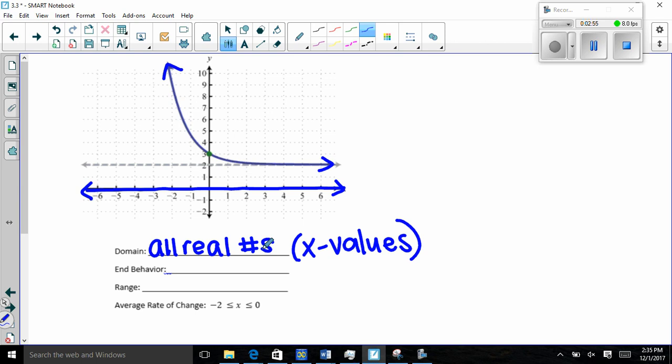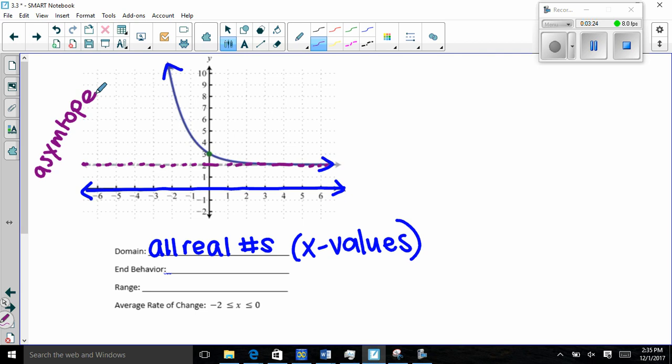For our end behavior, this little line right here is called the asymptote. So I'll write that right here. The asymptote is that little line showing me what this function is going to. It's getting smaller and smaller and smaller, that interval, until basically it's almost a straight line.